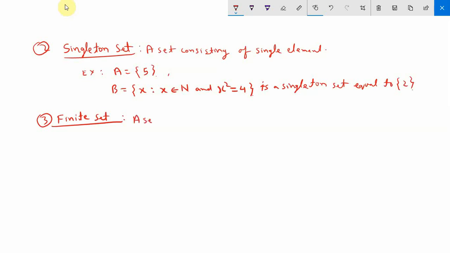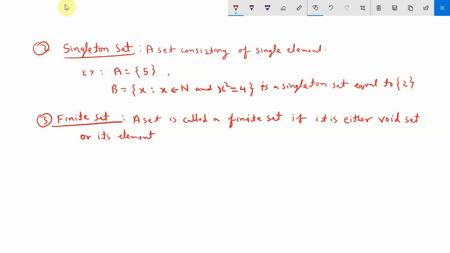So a set is called a finite set if it is either a void set or its elements can be listed or counted by natural numbers.